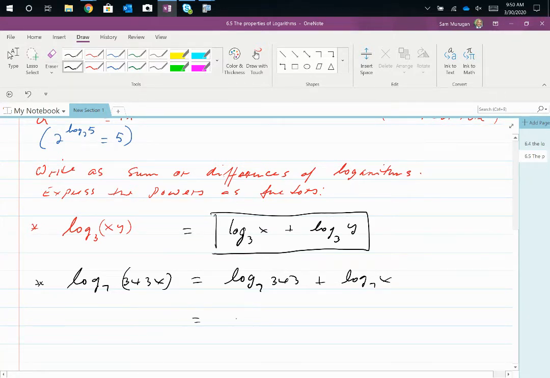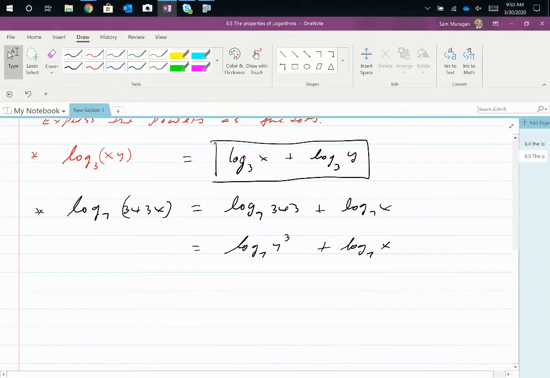So this is log base 7 of 7 to the power 3 plus log base 7 of x. Then use the power rule to bring the 3 to the front. So 3 log base 7 of 7 plus log base 7 of x.